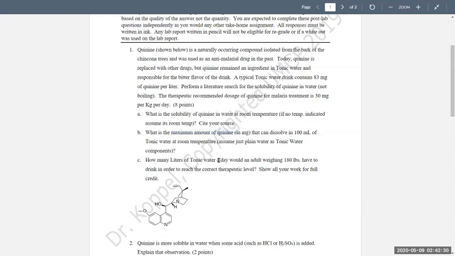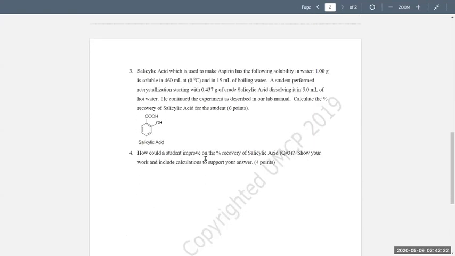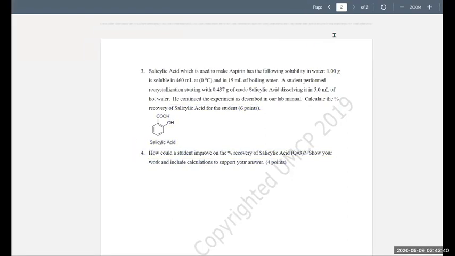You could also calculate percent recovery. As you can see here, percent recovery. This is also a really important calculation to do. And you want to make sure to use the solubility at cold temperatures.